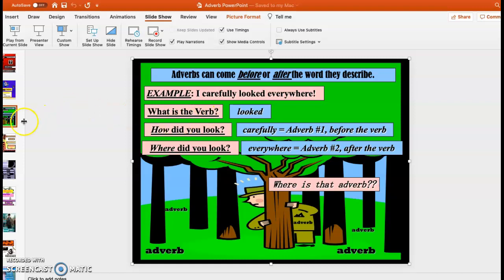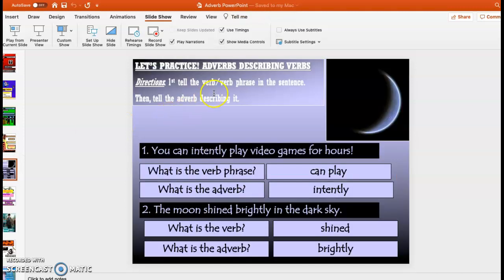We're going to move on to some more practice, just in case you are a little bit confused. Let's take a look at the directions at the top here. It says first tell the verb. So first we're going to identify the verb in the sentence, and then tell the adverb describing it. If I read my example sentence here, 7th grade, you can intently play video games for hours.